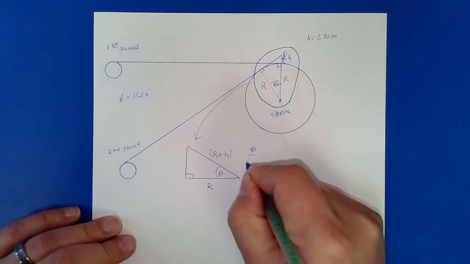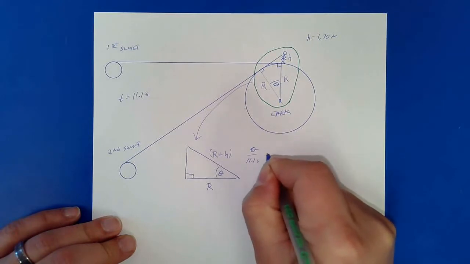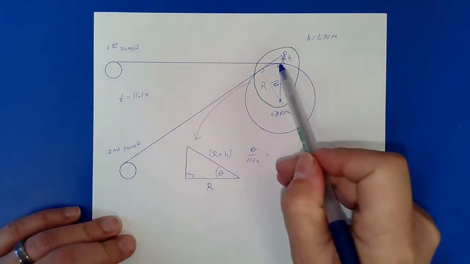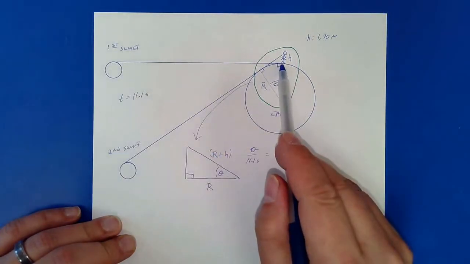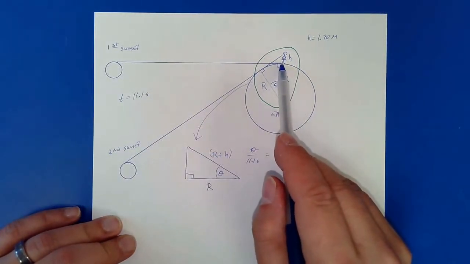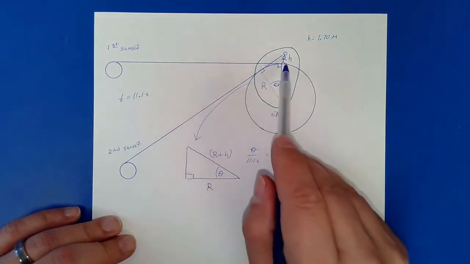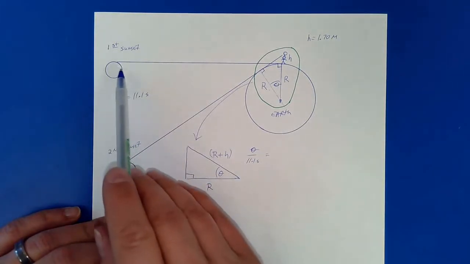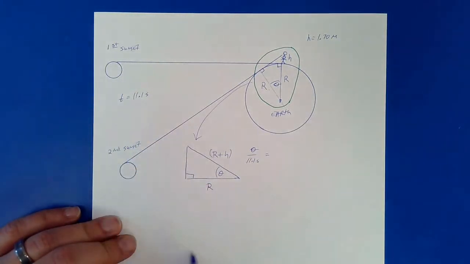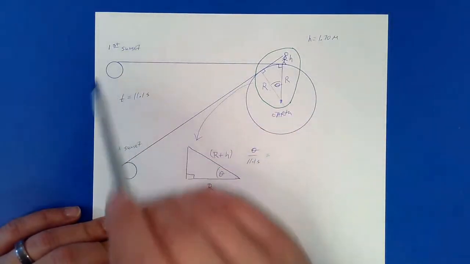Theta is to 11.1 seconds as, if we imagined the first sunset and we just stayed lying down and wanted to watch a second sunset without moving, and let's pretend the Earth's not moving here, the sun would have to go all the way around and set again.